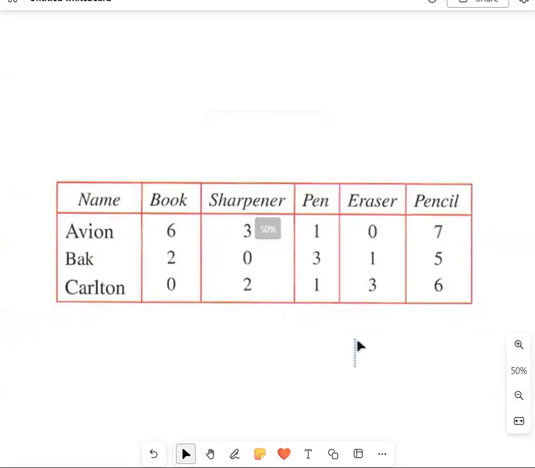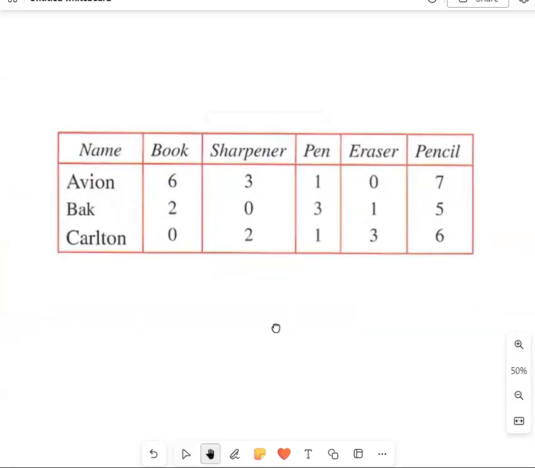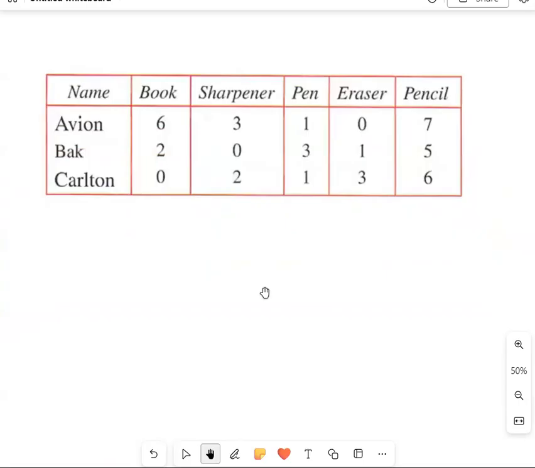Look at this one. So these are some porcelains, and those are some things that they bought, right?